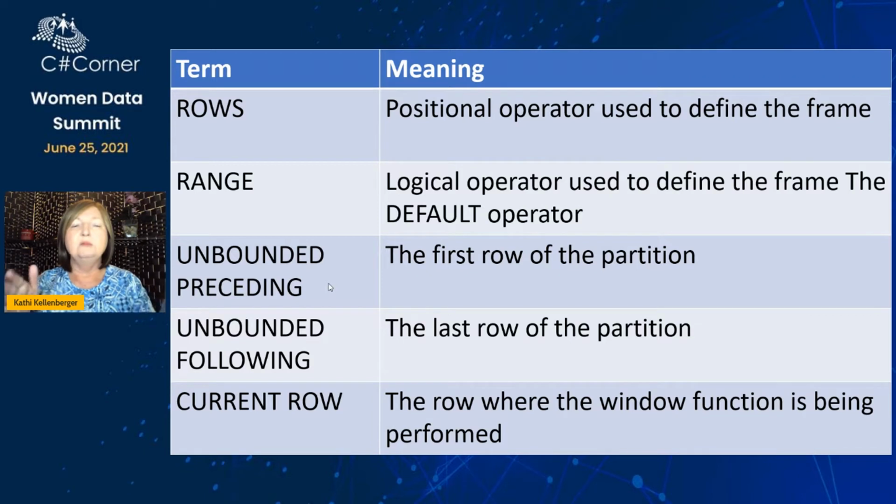Unbounded following means row 10. So when I look through, those are the edges, basically. And current row is the row where I'm standing, the row where I'm performing my calculation. So we're going to use these to more granularly define the window that my row, where I am right now, is going to use to perform the calculation.